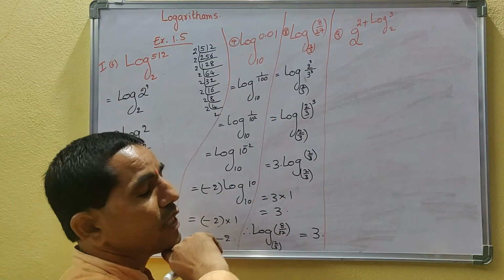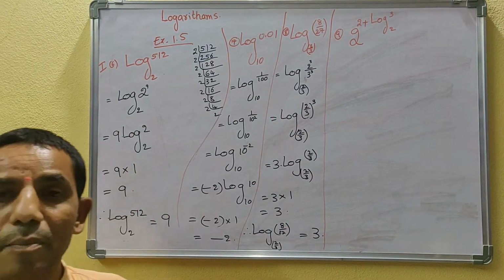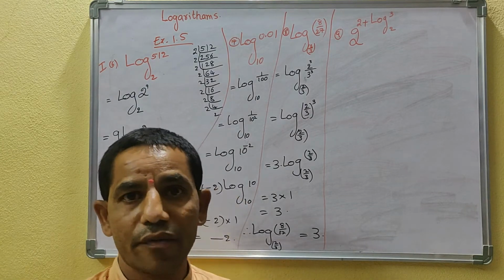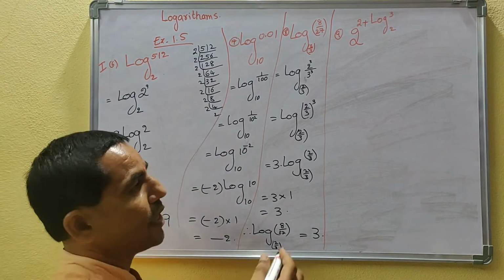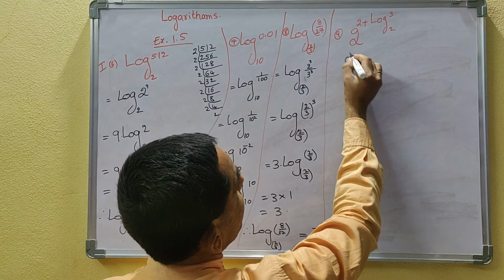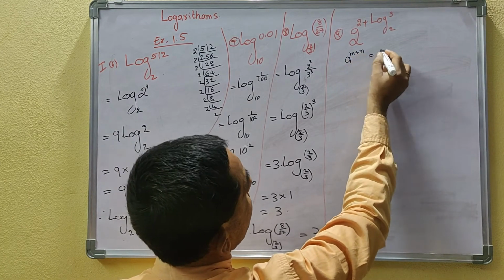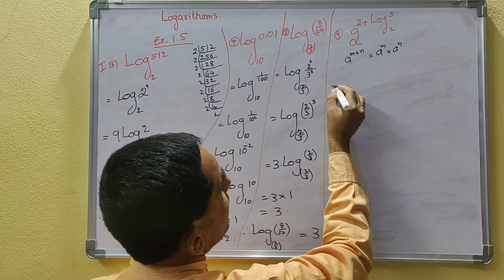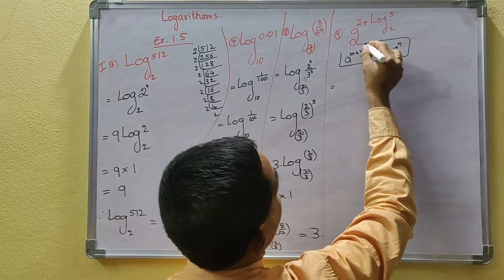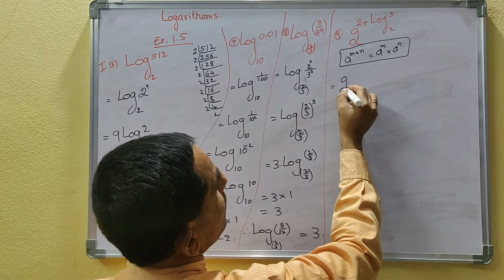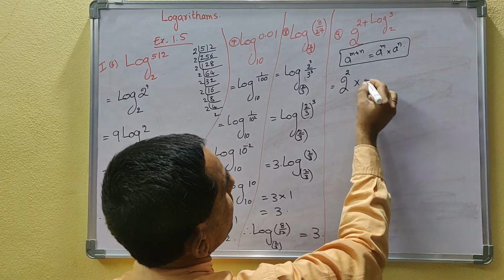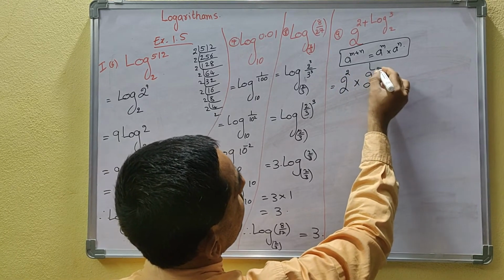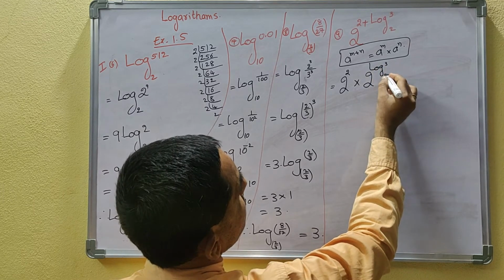So already we know one formula, a to the power of m plus n is equal to a to the power of m into a to the power of n. So it can be written as 2 to the power of 2 into again 2 to the power of log 3 base 2.